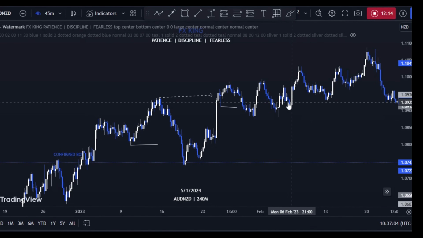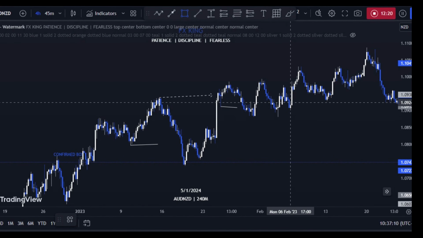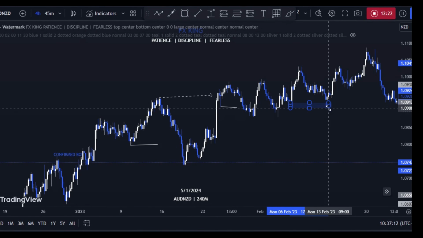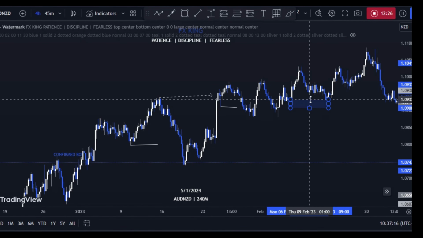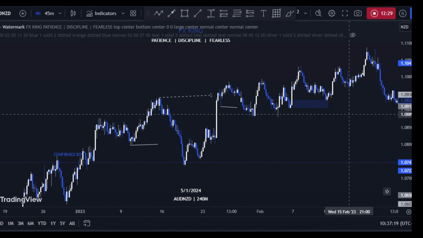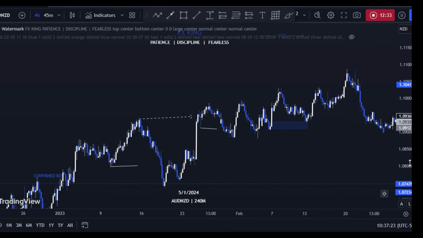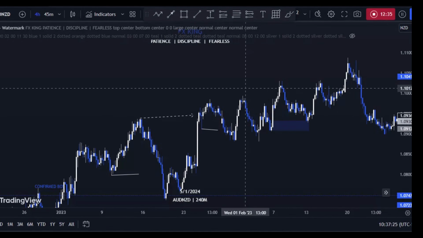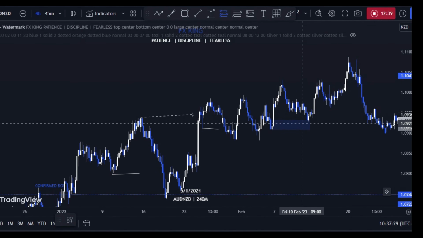We are looking for our buys at this unmitigated POI, targeting this high. You can see that the market came straight to this POI and mitigated it. After mitigating this POI, you could go in for your trade using smaller time frame confirmation.